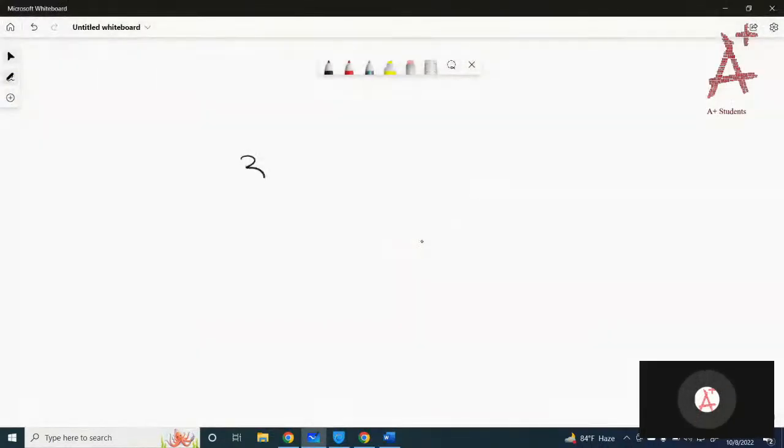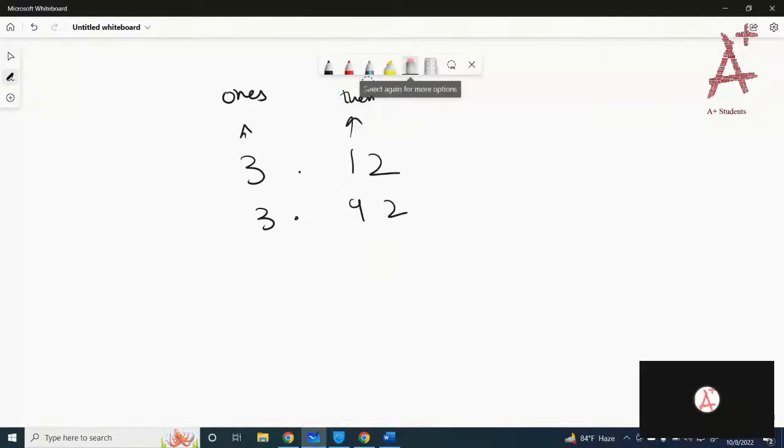So just make a place value chart for 3.12 and 3.42. 3 is at the ones place. 1 is at the tenths place. This is at the tenths place.